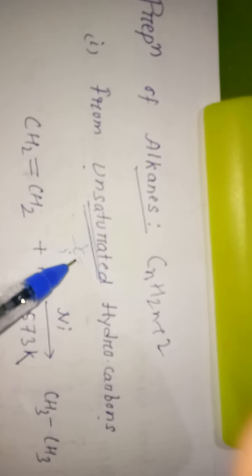Unsaturated means the carbon atom is involved in either a double bond or a triple bond. Now we take the example of a carbon-carbon double bond, which is unsaturated.